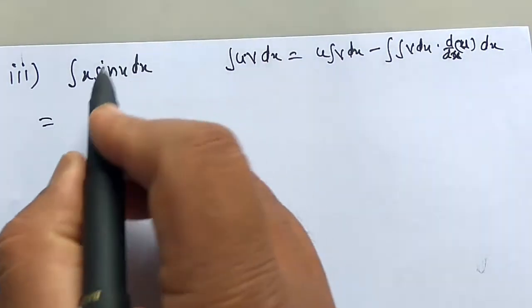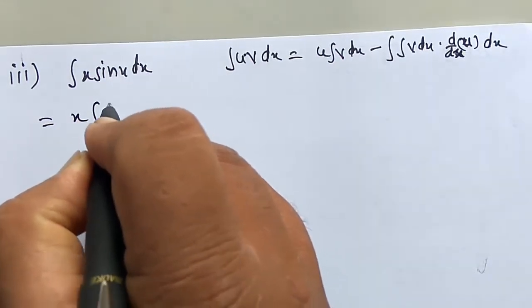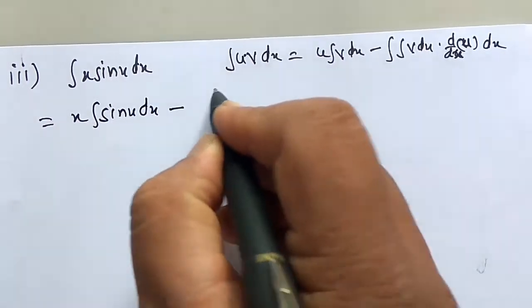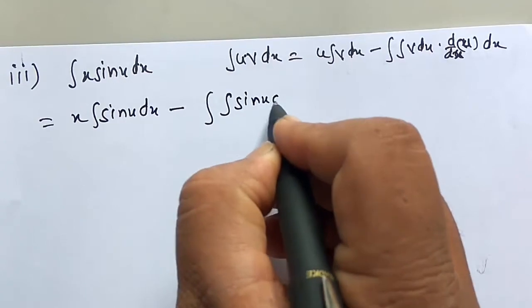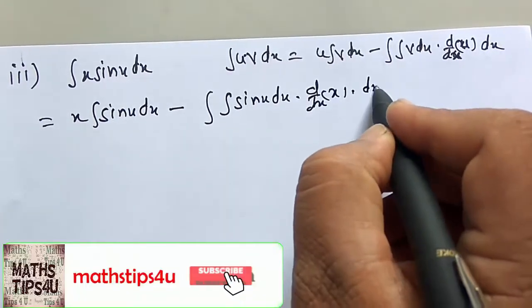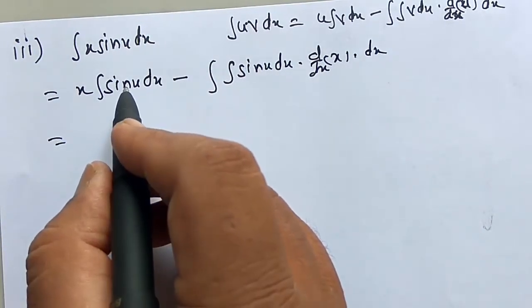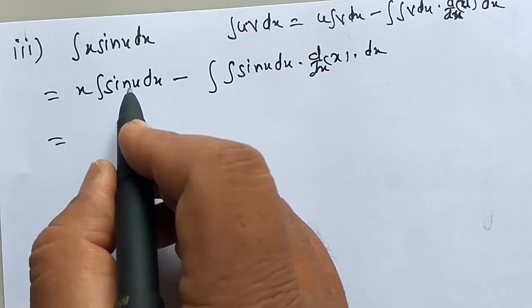So, this is equal to, using integration by parts, x into integration of sin x dx minus integration of integration of sin x dx into derivative of x with respect to x. Integration of sin x is equal to minus cos x.